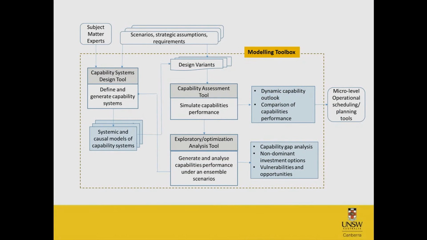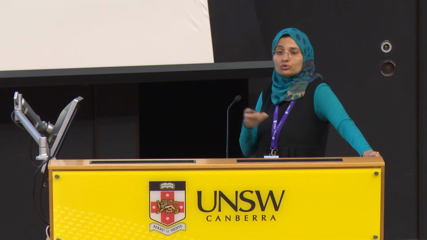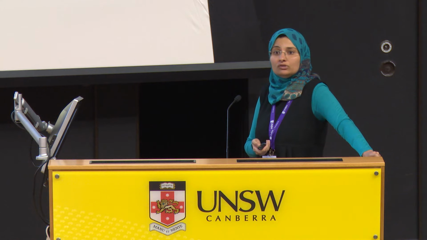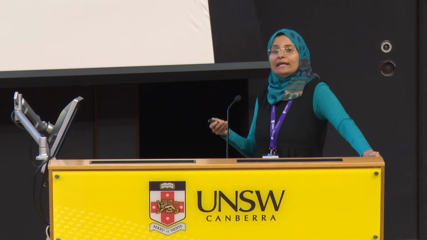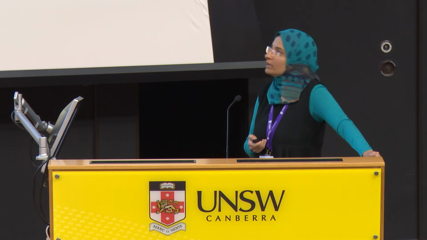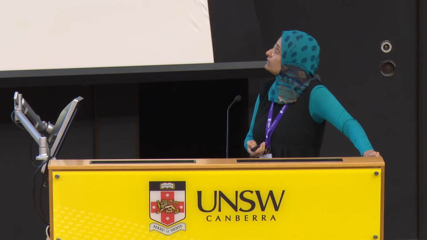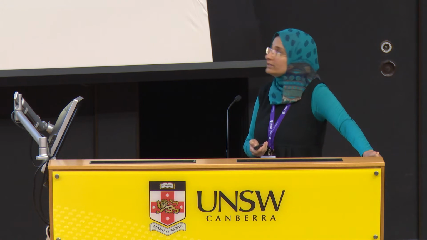The center of gravity of the modeling toolbox is the capability assessment tool, which is a simulation model, which takes scenarios directly, whether from the mapping tool or directly from the end users, and simulates them over time, to see how these relationships play out over time. So the purpose is to look at different performance indicators and compare different designs.